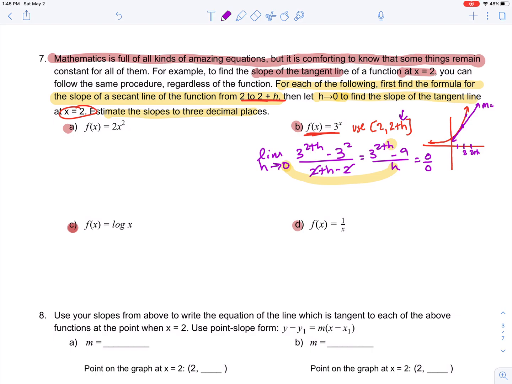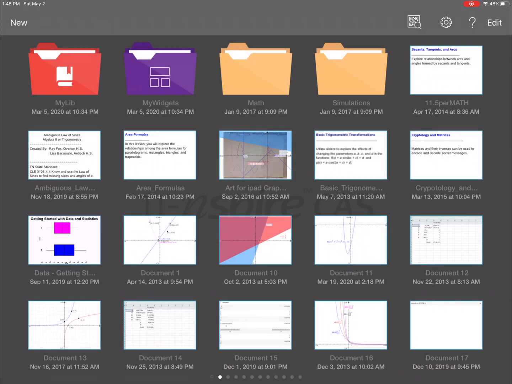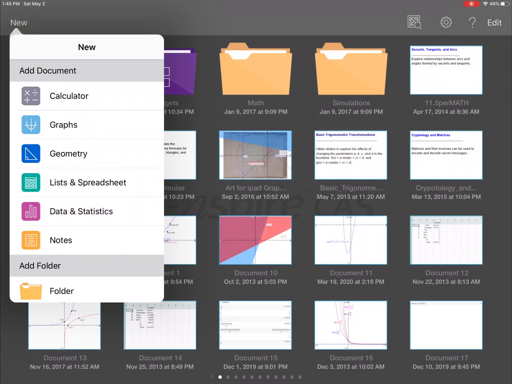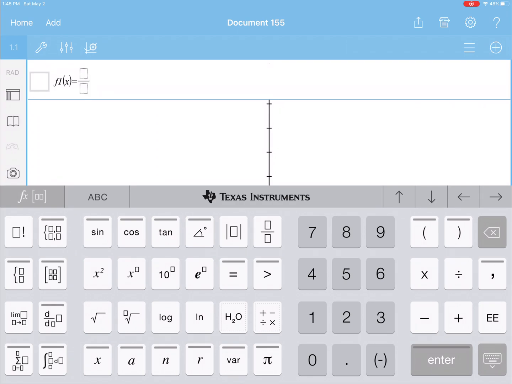So we're going to go ahead and type in this piece right here and evaluate the limit and try to get as close to 0 as possible. So you're going to open up your Inspire, and then you're going to do graphs. And what you'll do is type in that value.